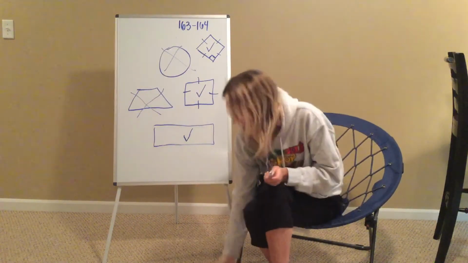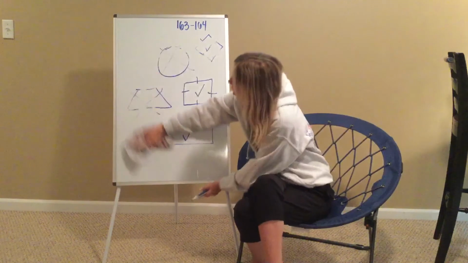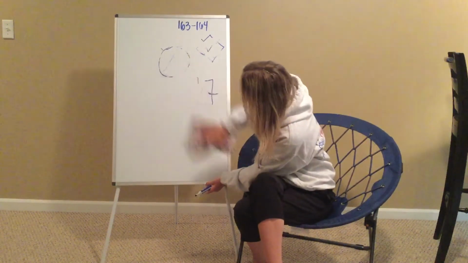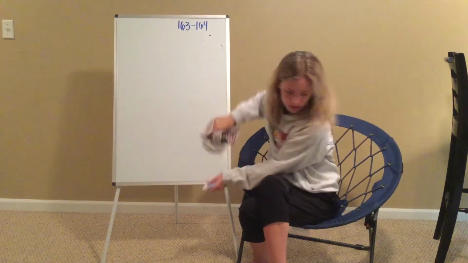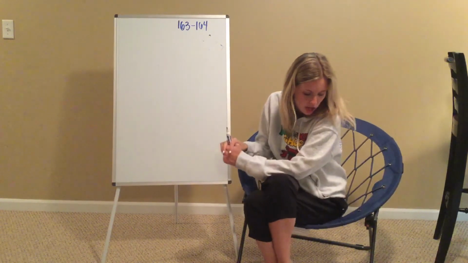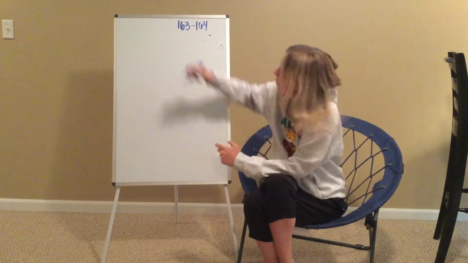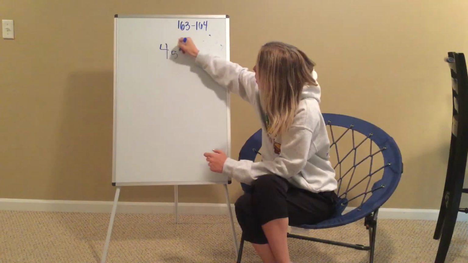That's what you guys are going to have to be doing. At the bottom of the page, there are some directions. It says, draw a shape. It has 4 sides, so we have 4 sides. Okay.